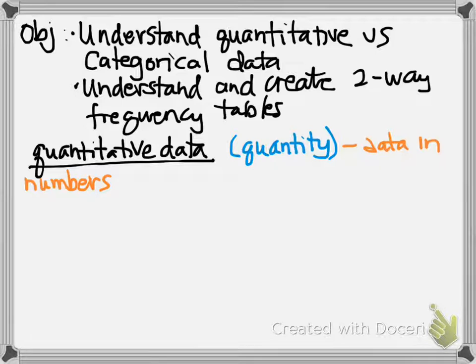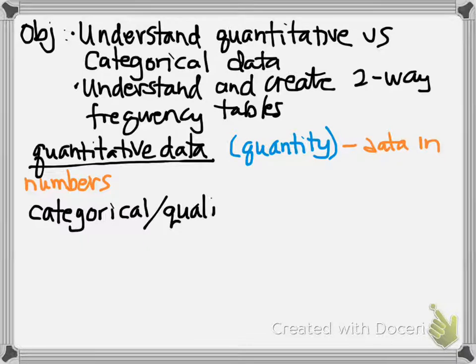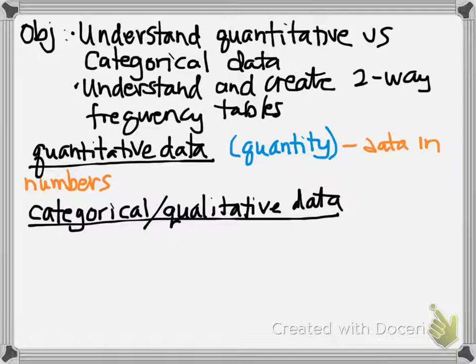The next word is categorical. Now, categorical has a second name. It's also known as qualitative. So there's two words to think about when you hear categorical / qualitative.